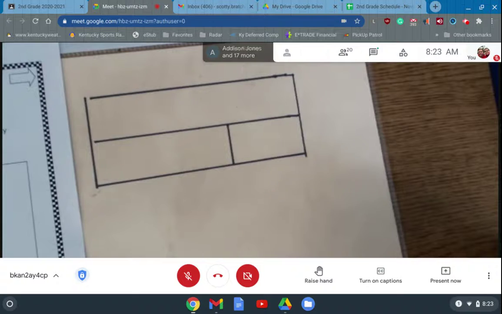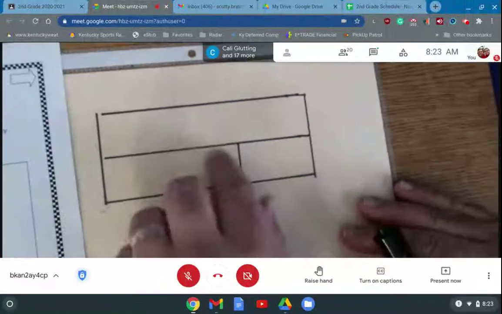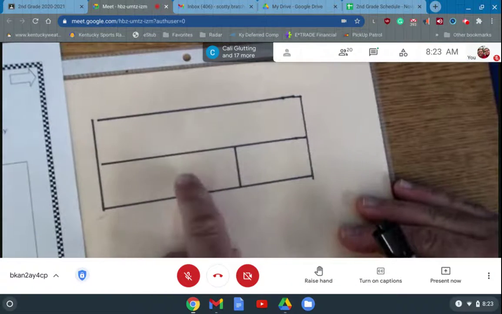Easton. 13. 13. All right, so everybody look at my model here, okay?